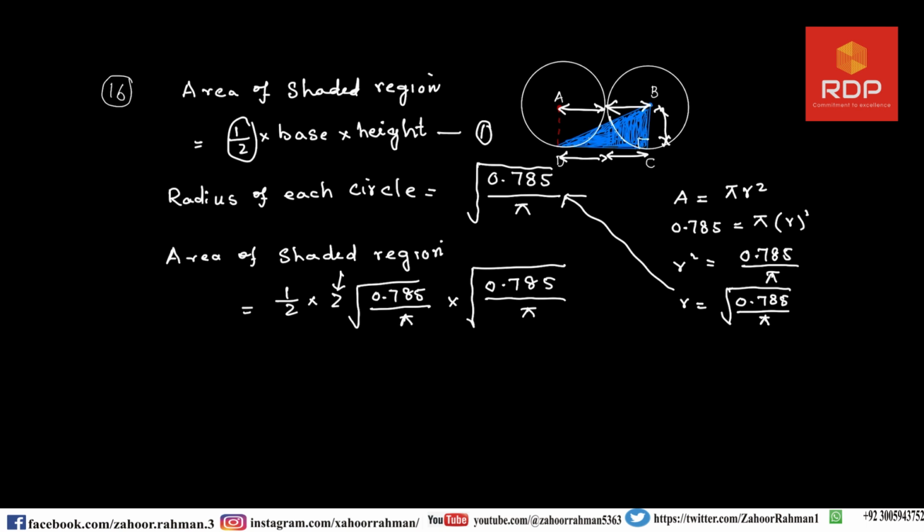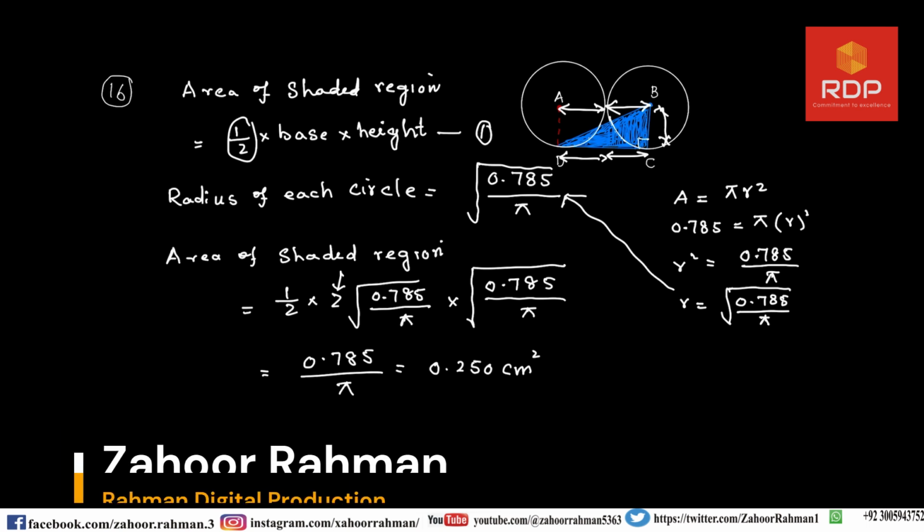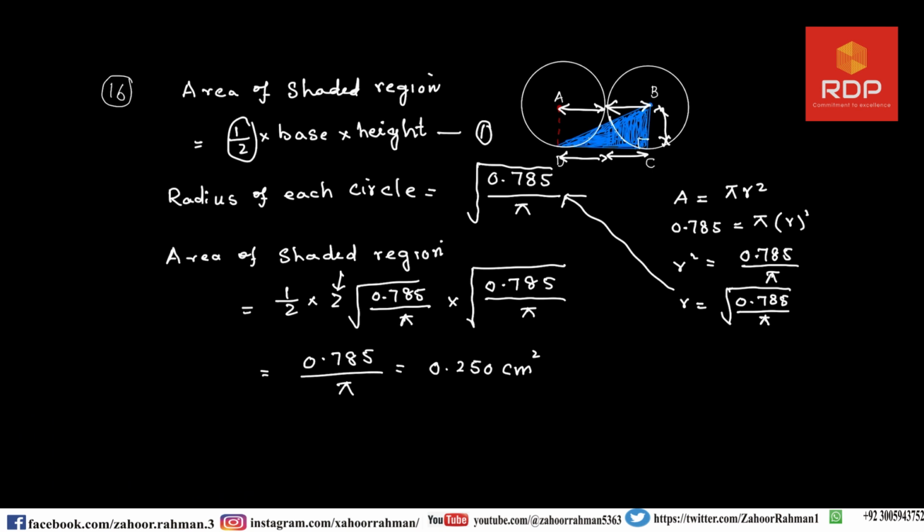So we are then left only with the simple calculation, and when we do that calculation on the calculator, we will be left with only the answer. Because this is radius, area, we are writing centimeter square. That was the whole story about this question.